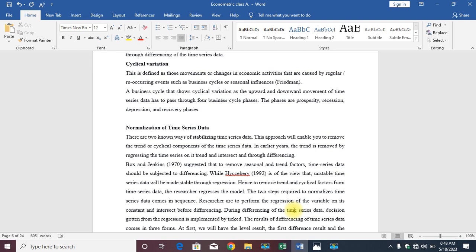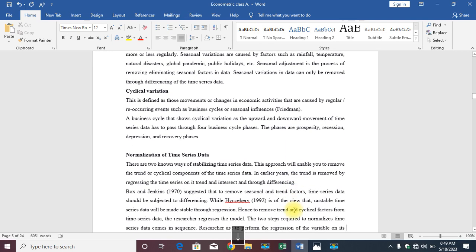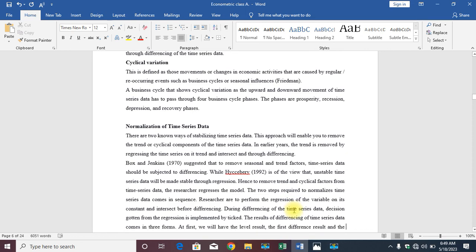Recall in my previous class, I told you that time series data has three characteristics. They have circular trend or variability, they have seasonal variation, and they also have cyclical variation, which implies that time series data are stochastic in nature.